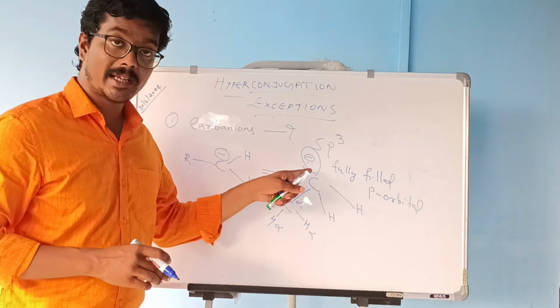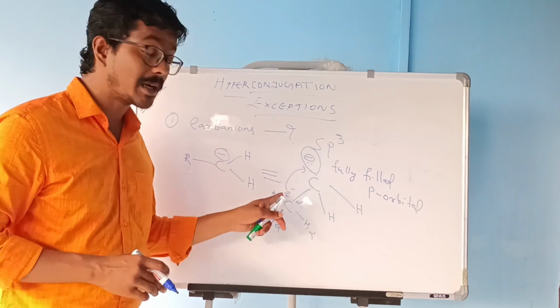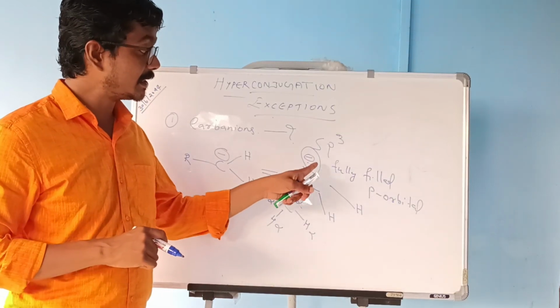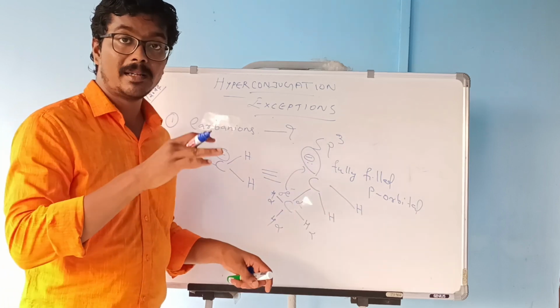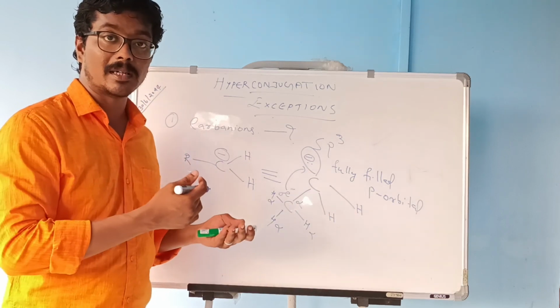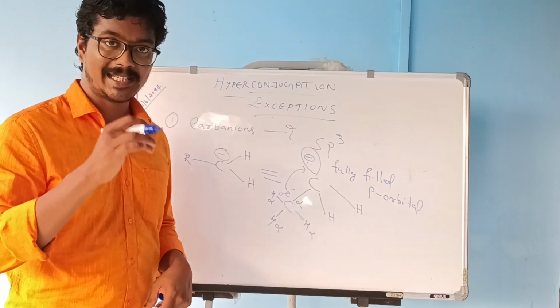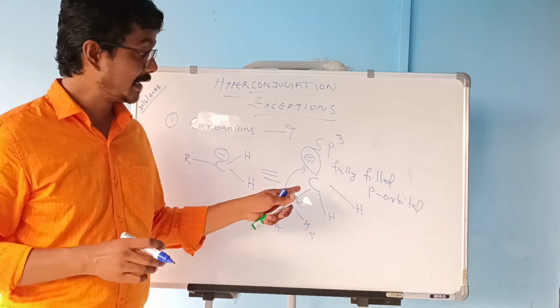There is no vacant space in the p orbital on the carbanion to accommodate sigma electrons. Or in other words, the negatively charged, fully filled p orbital repels the incoming sigma electrons, which hinders the possibility of hyperconjugation in carbanion.